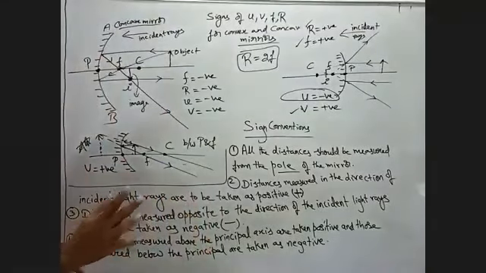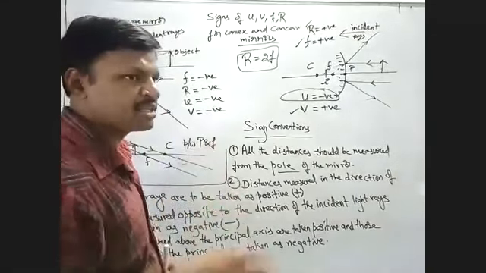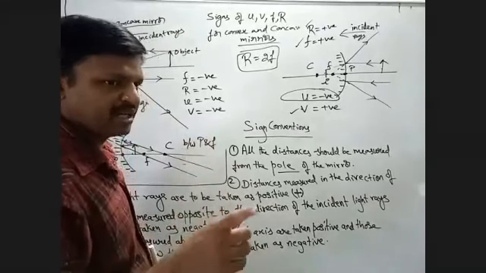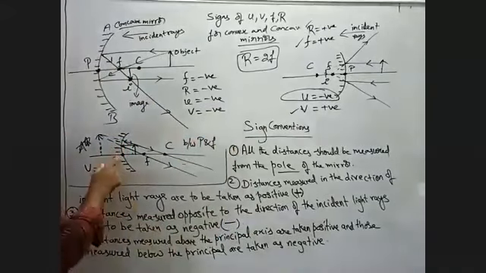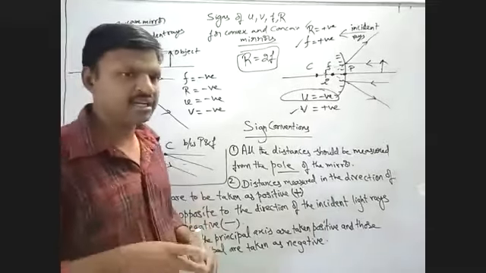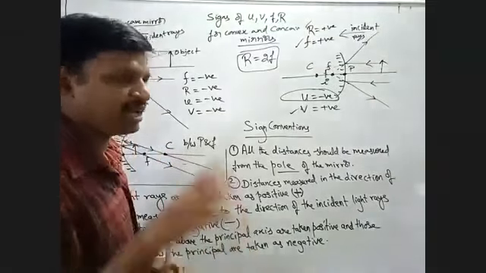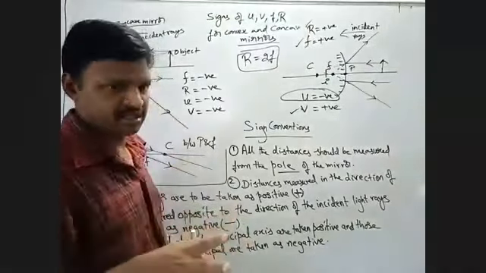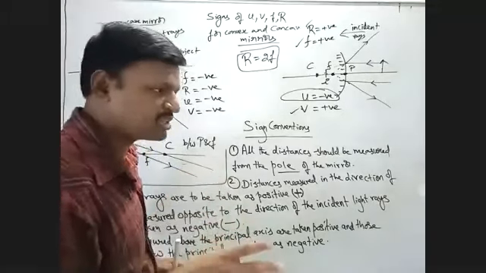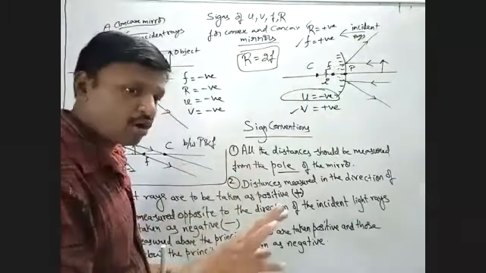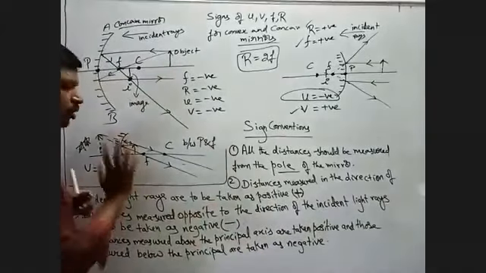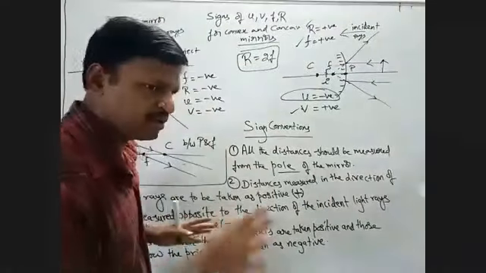The only position where we get an erect image for the concave mirror is when the object is placed between pole and focus. Listen once again: the only case when we get an erect image for the concave mirror is when the object is placed between pole and focus.